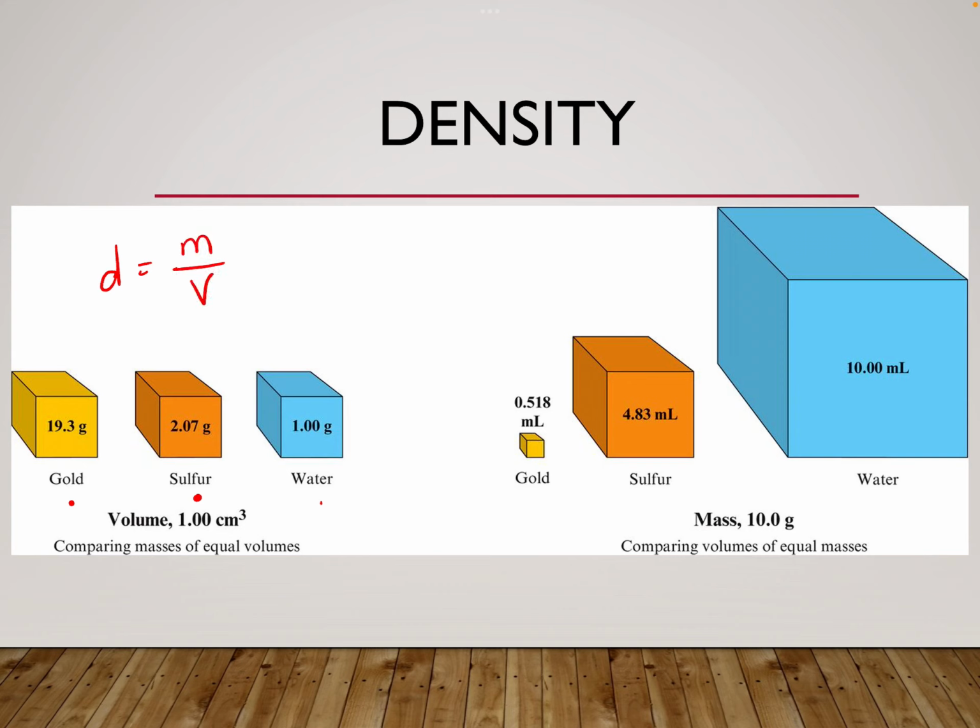If all of their volumes are the same, like we show here, then whichever one has the greatest mass will have the greatest density. We can do a different thing, right? Again, density equals mass over volume, and let's say they all have the same mass. Well, now they're going to have really different volumes for that mass. Kind of interesting. And those volumes are based on the density.